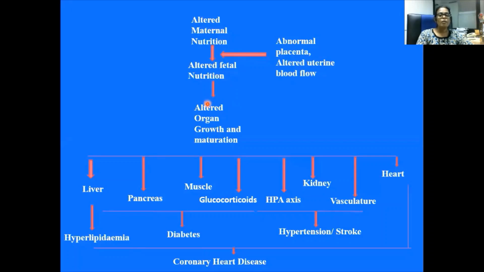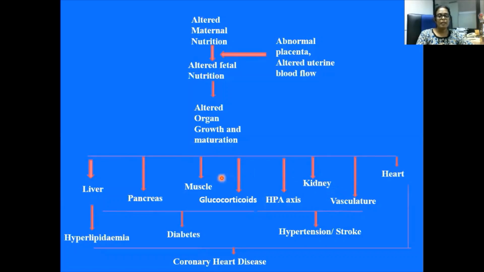And when the fetal nutrition is affected, it changes the growth and maturation of all these organs: liver, pancreas, muscles, heart and all. The number of hepatocytes in the liver, number of myocytes in the heart and muscles, the thickness of the musculature of the blood vessels, number of nephrons, all will be affected even during fetal life.